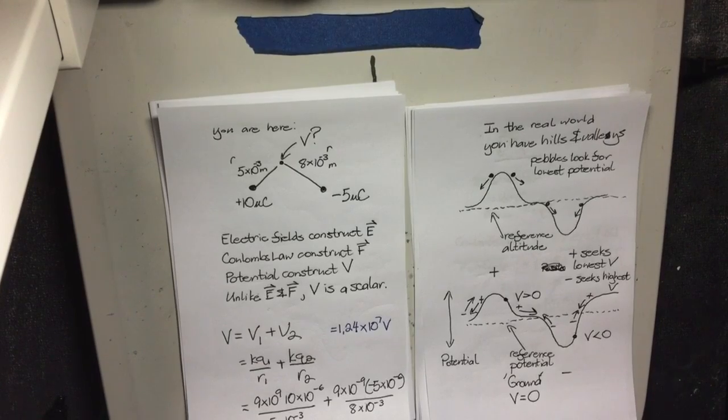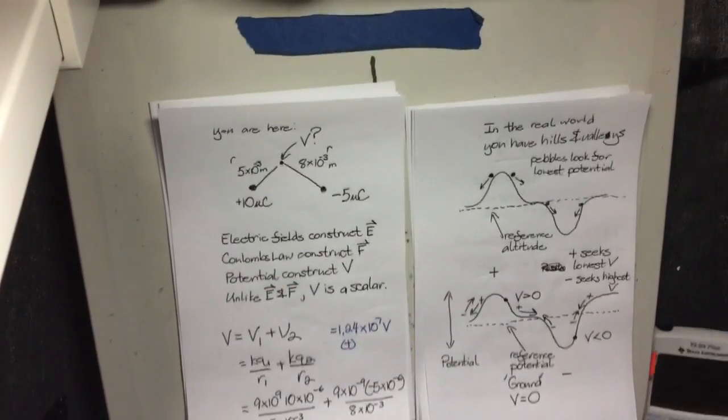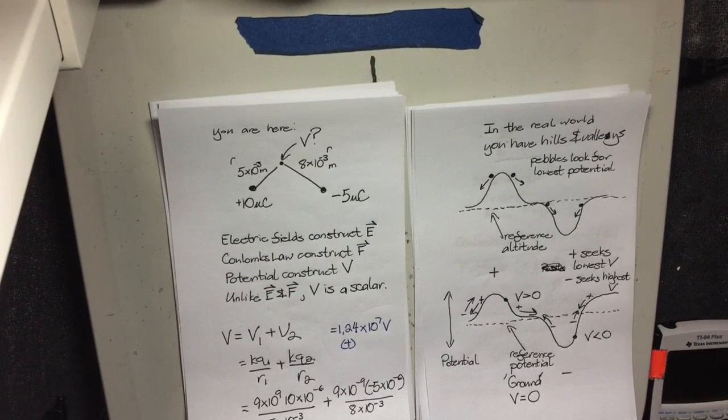So that's the potential. It is a positive value. It could be negative, but the way that the numbers worked out, it didn't come out that way.